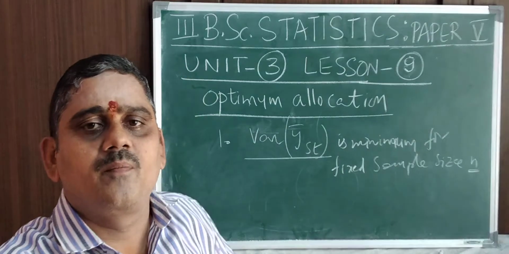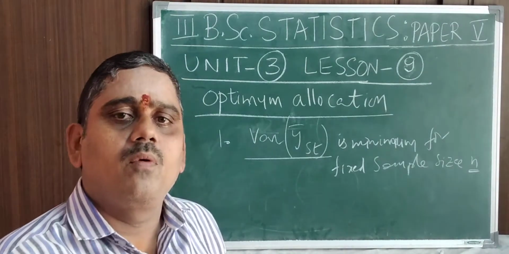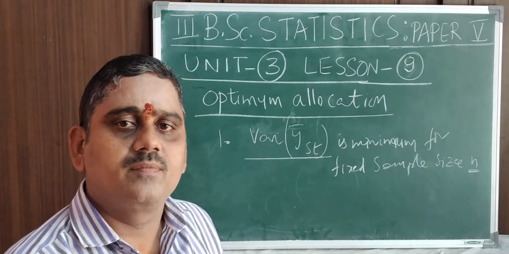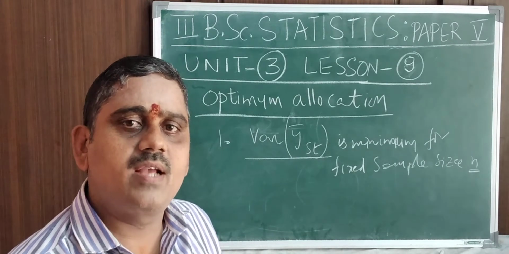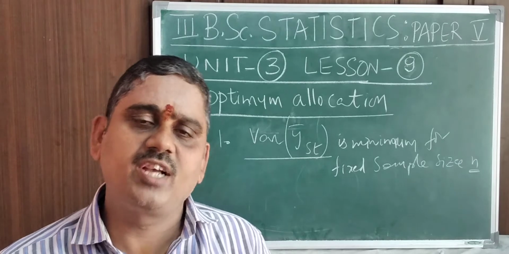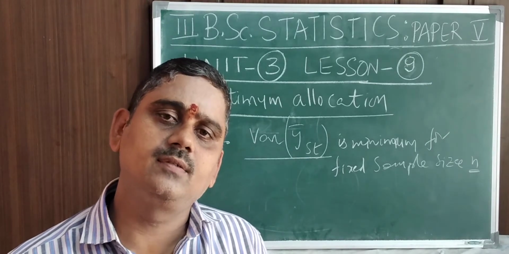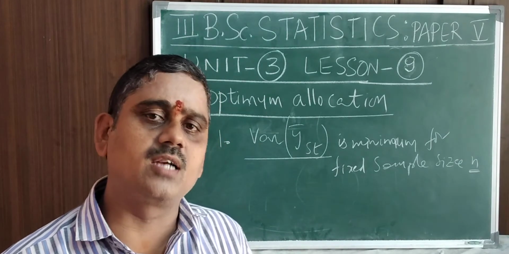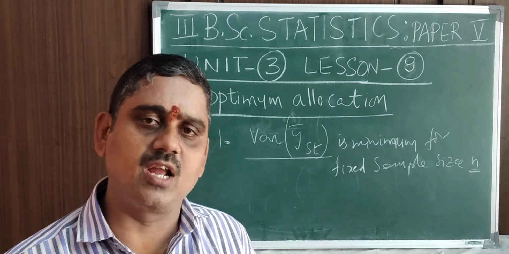Second one, minimizing the variance for fixed total cost C. I will explain what the cost is, and I will explain the definition later in this class.